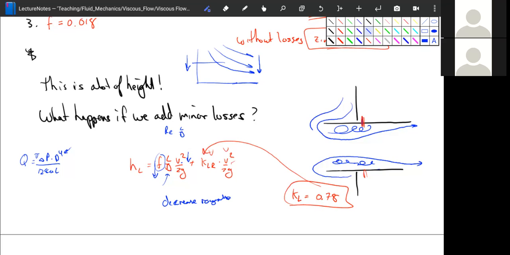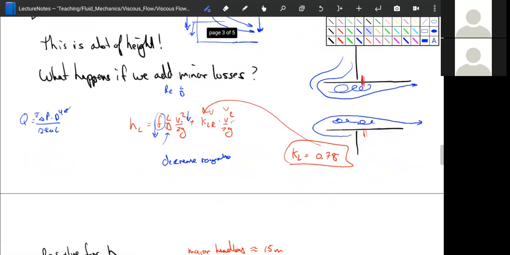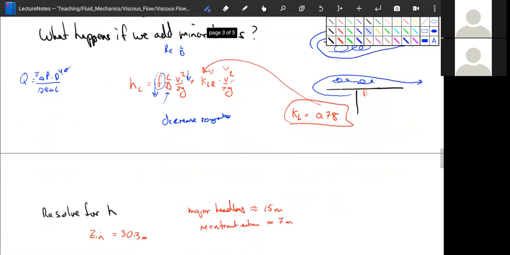What's interesting is that as we increase our Reynolds number, our friction factor also goes down. So increasing our diameter gives us an additional benefit of increasing our Reynolds number. But basically, the only surefire way to decrease your friction factor is to decrease the roughness of your pipe. So we could also decrease our roughness.